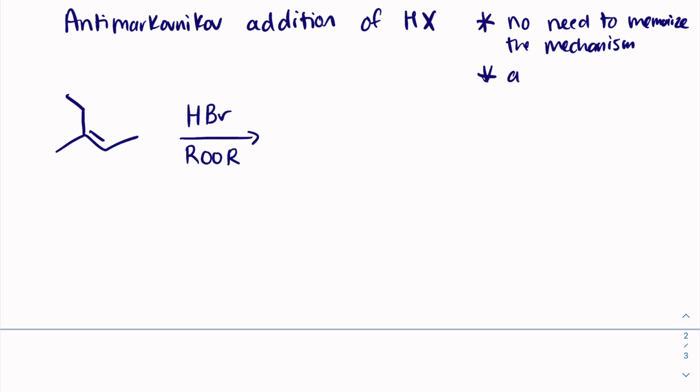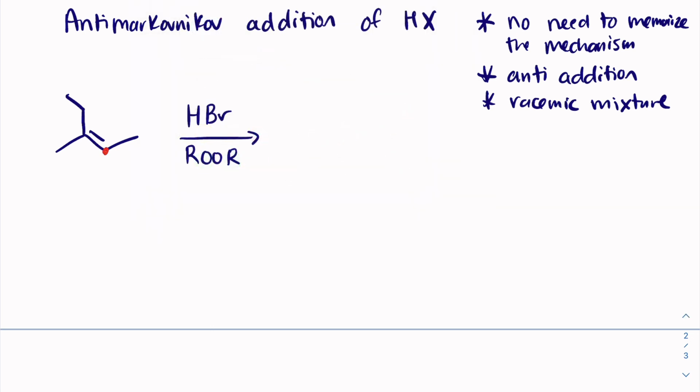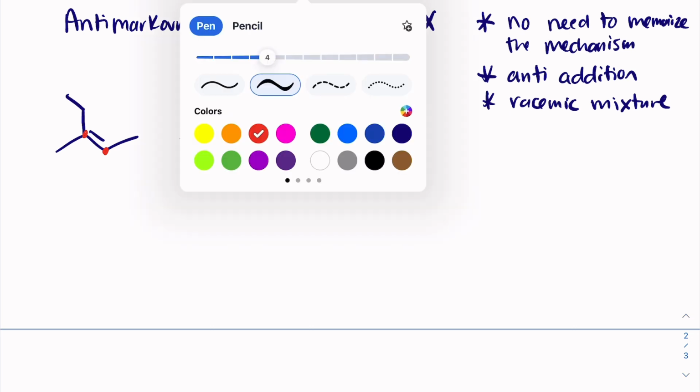Additionally, we're going to have anti-addition. We're going to produce a racemic mixture. Because this is anti-Markovnikov addition of HX, we should look at our double bond. And we should say this right carbon is less substituted than the left one.